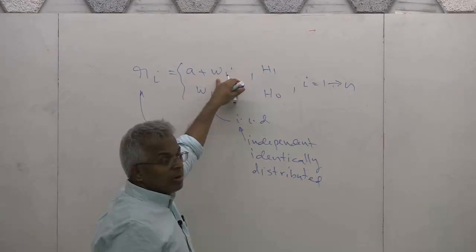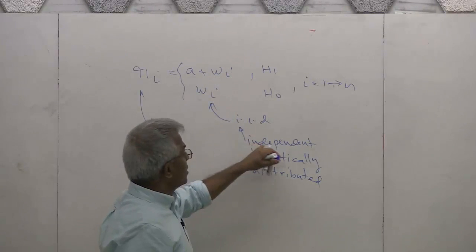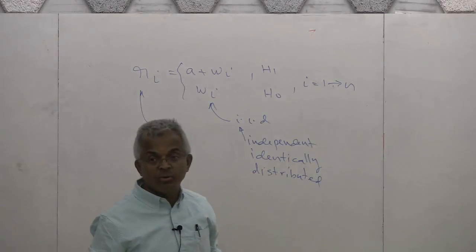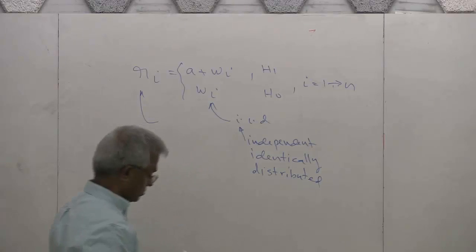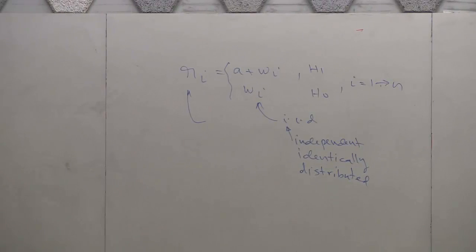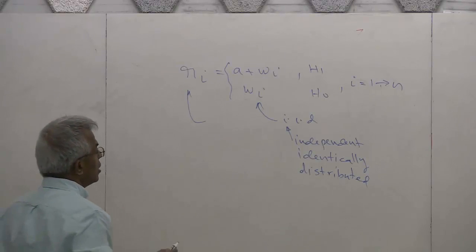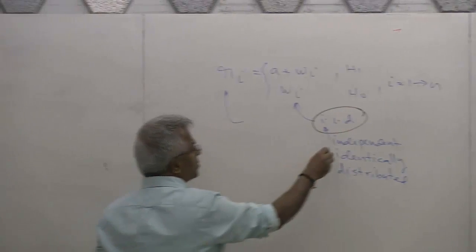And if one sample has variance sigma squared, all of them have sigma squared. They don't have to be independent, but we'll start with the simple problem. So I will keep using this term IID, okay?